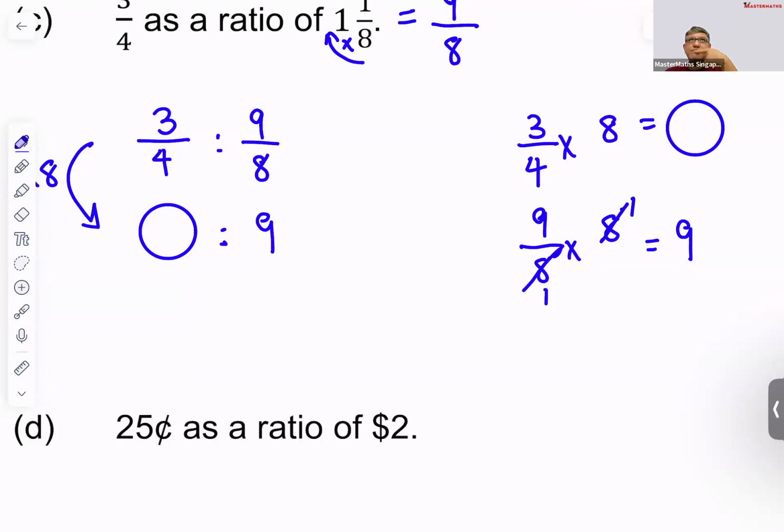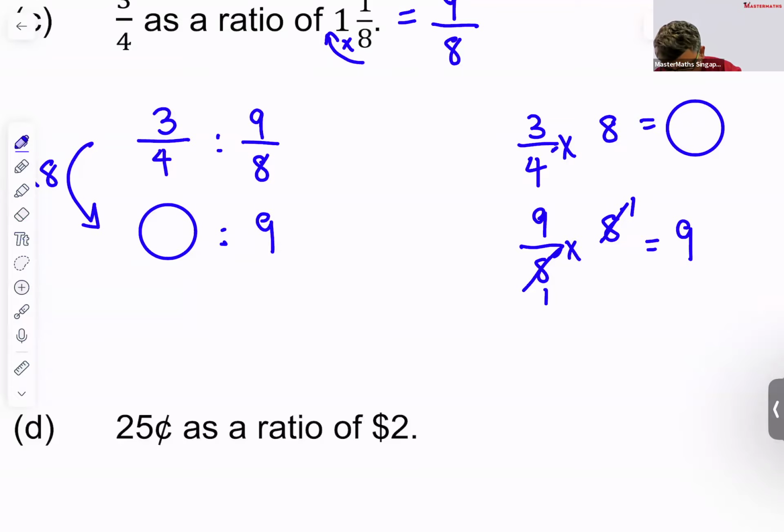Ariz. What's the answer in the circle? 6 also. Arish? 6 also. How did Rayan get 24? Huh? 3 times 8, 24. But then there's a divide by 4, right? What's 24 divided by 4? 6.